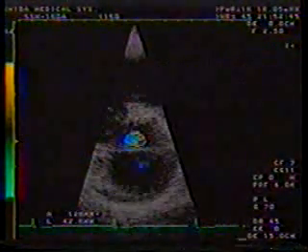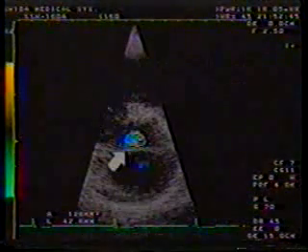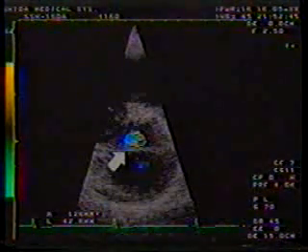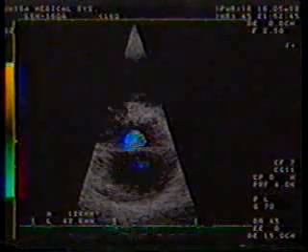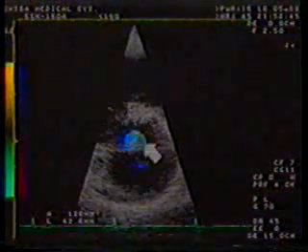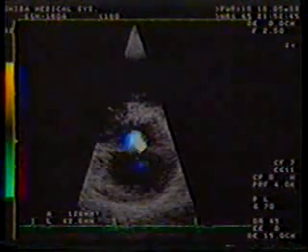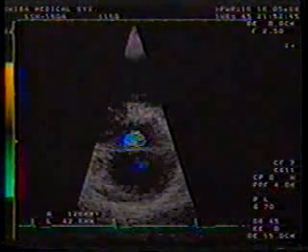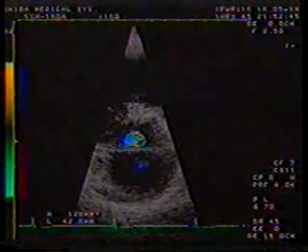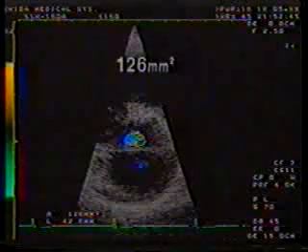The transducer has now been rotated to develop a parasternal short axis image. The image has been frozen in diastole, and the area of the jet has been measured by tracing its circumference. The instrument has calculated an area of 126 square millimeters.